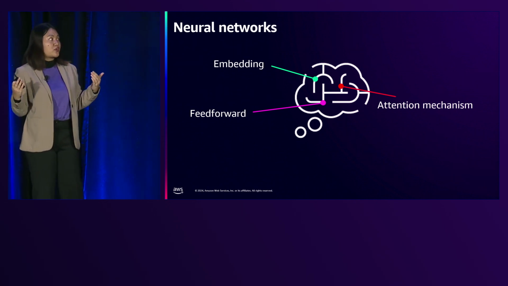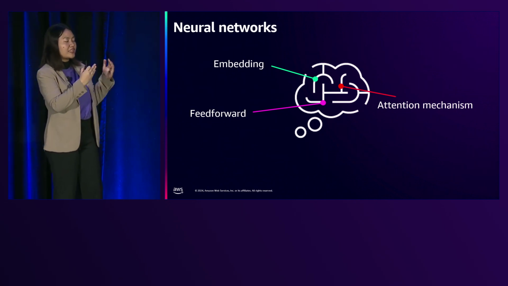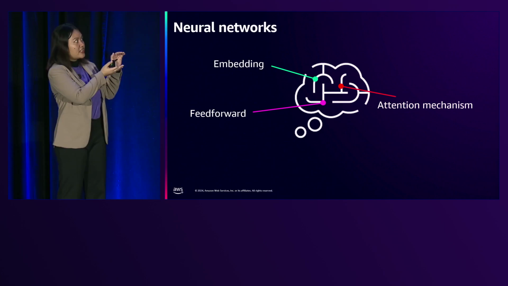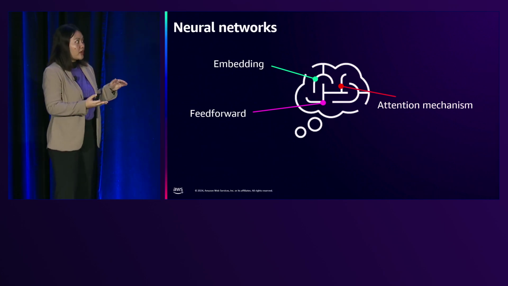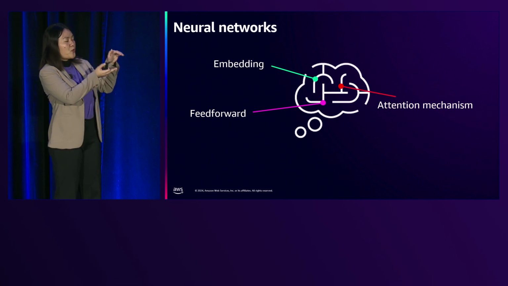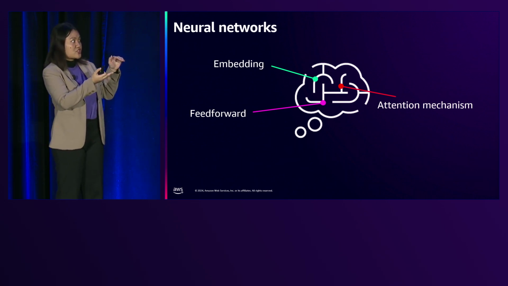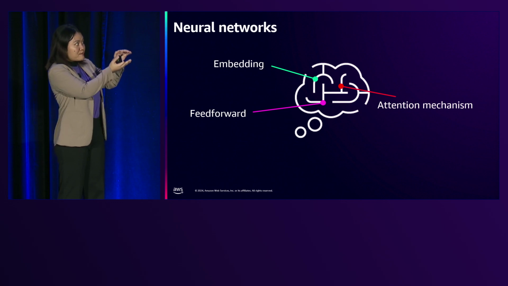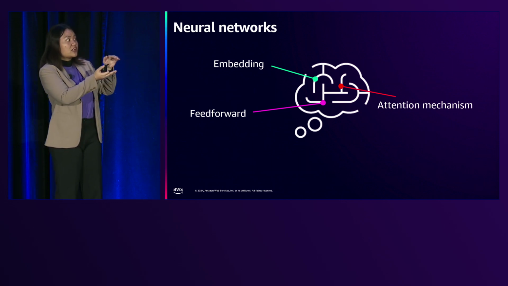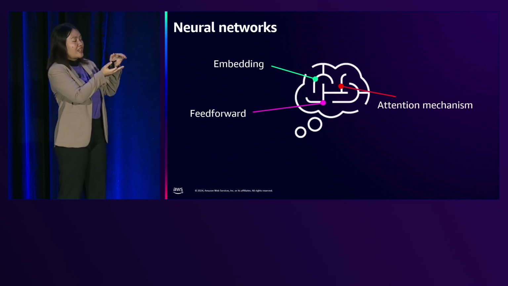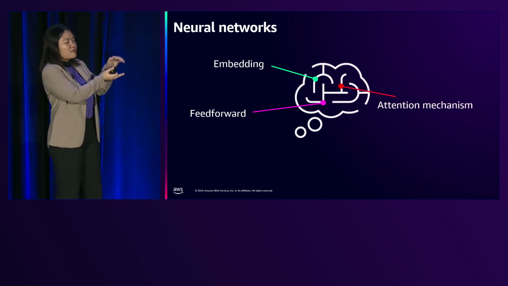That would be the input layer, the embedding neural network. The second one would be the feed forward. Because inside of your transformer architecture, you need to find the similar word and the similar number, inside of the feed forward, you assign each word a weight to find those similar words.